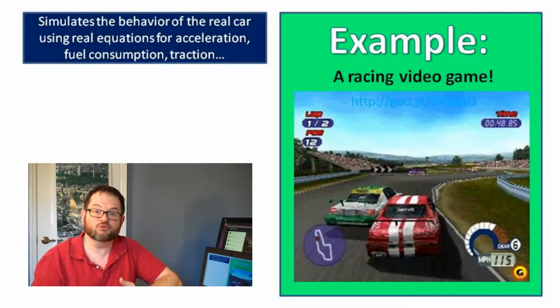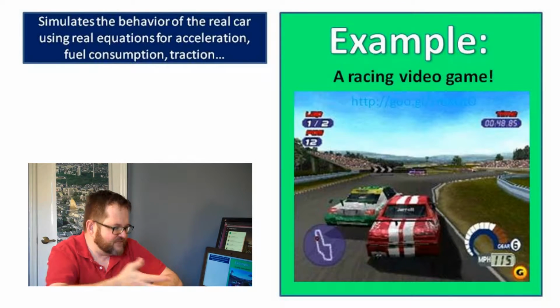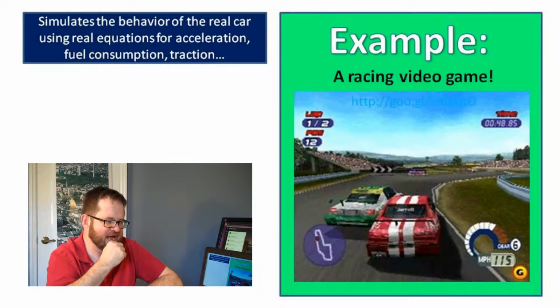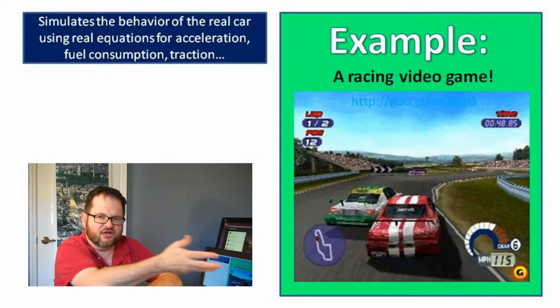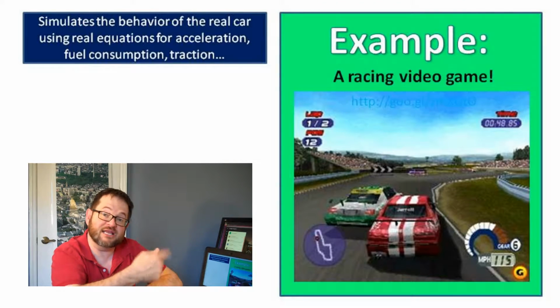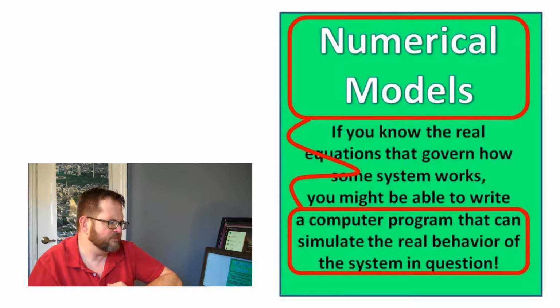The car behaves in realistic, predictable ways because it's running in a simulation that knows the physics of things like how much traction the tires have and how fast it can go around the turns. It's a numerical model simulating the behavior of a car. The game wouldn't be fun if it wasn't a realistic numerical model of the car.